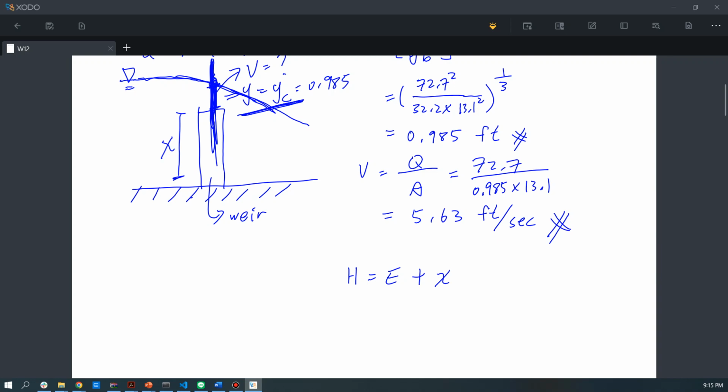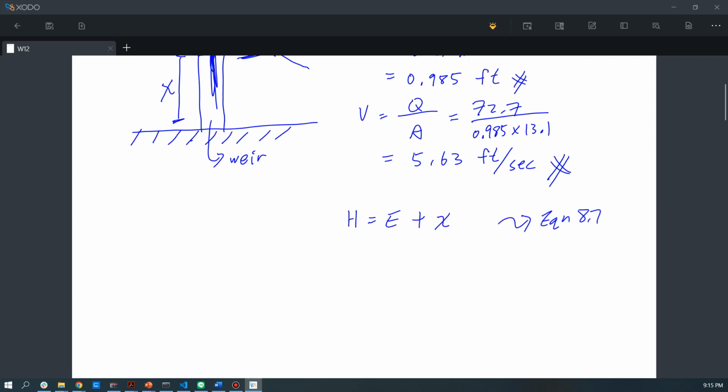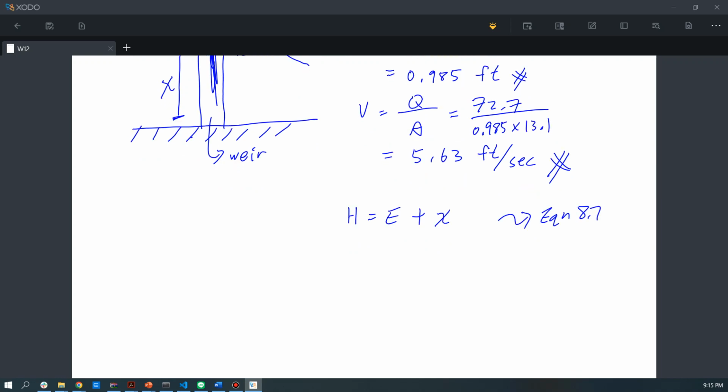This is x. Okay, and for the reference for this equation, which is really just the energy equation, you can see equation 8.7 in the textbook if you want to look at why we have this equation.